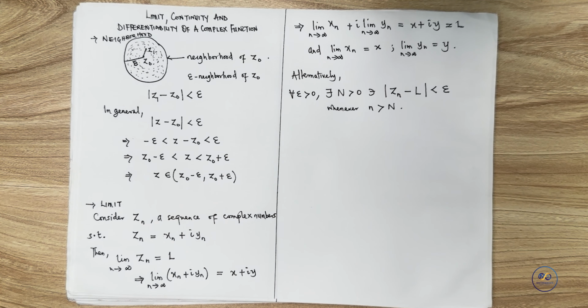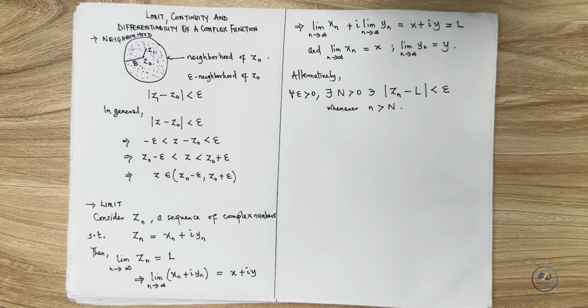So the sequence will converge to a particular limit L if there is a particular number such that whenever the terms exceed that number, the difference between the sequence and its limit is almost insignificant. It's not 0, it's greater than 0, it's positive, but it's almost infinitesimal.